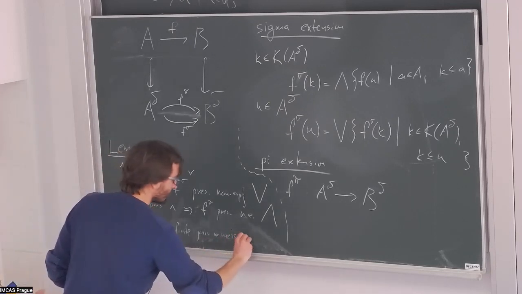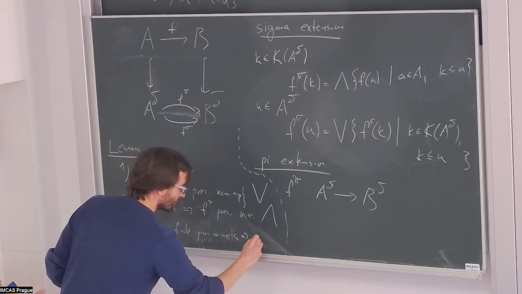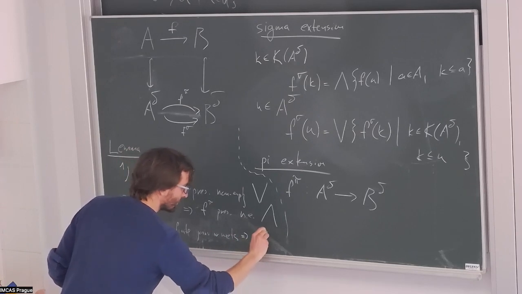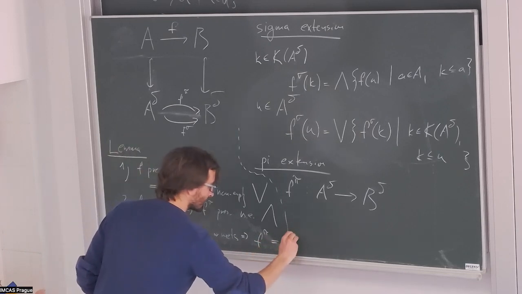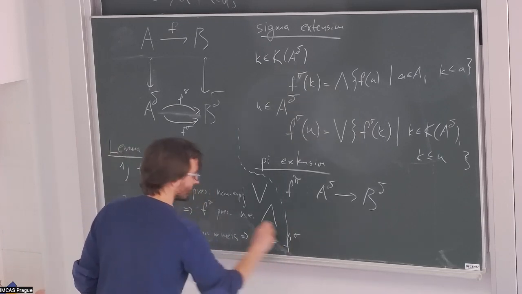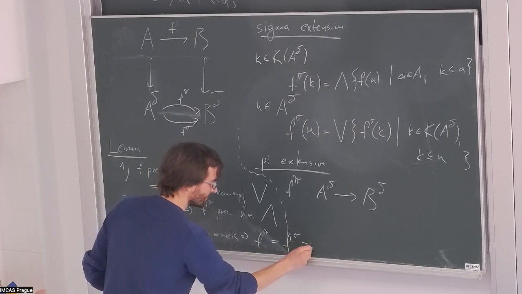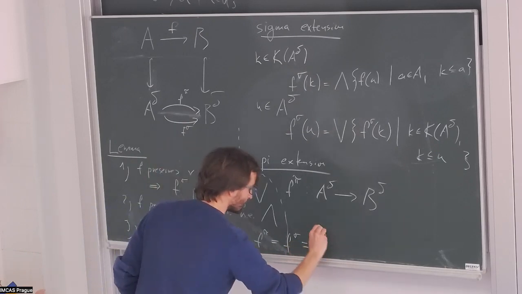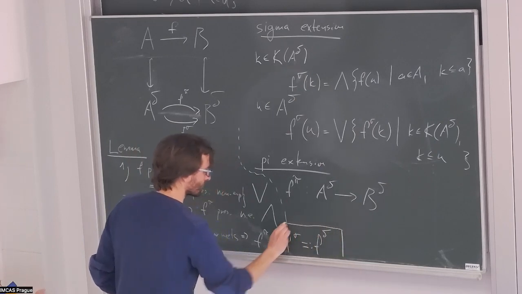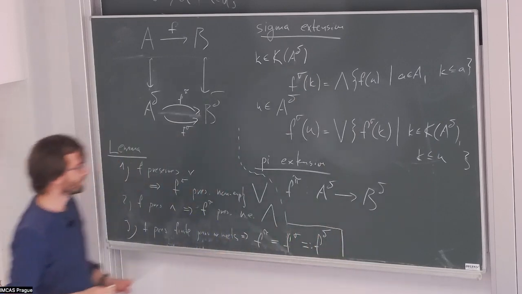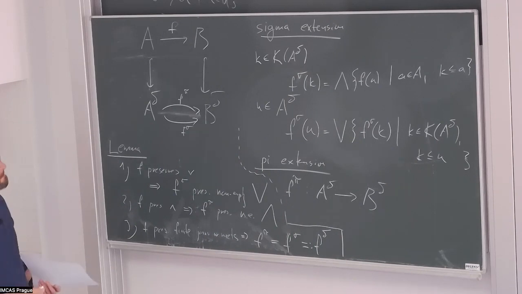Then the extensions actually agree. So F phi is equal to F sigma. All right. And in that case, we just call it F delta. This is one ingredient.